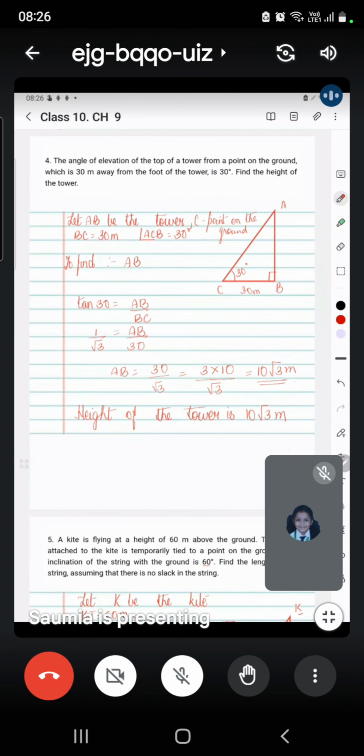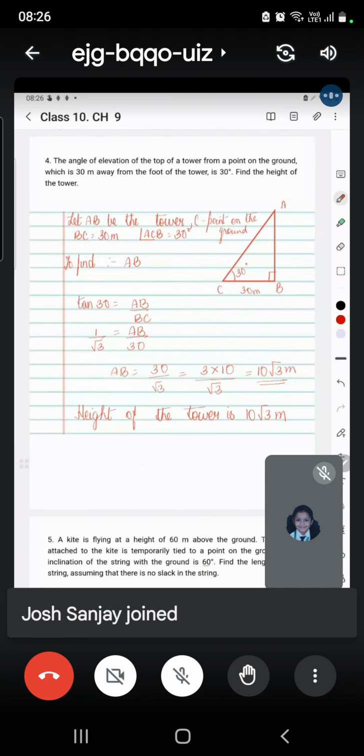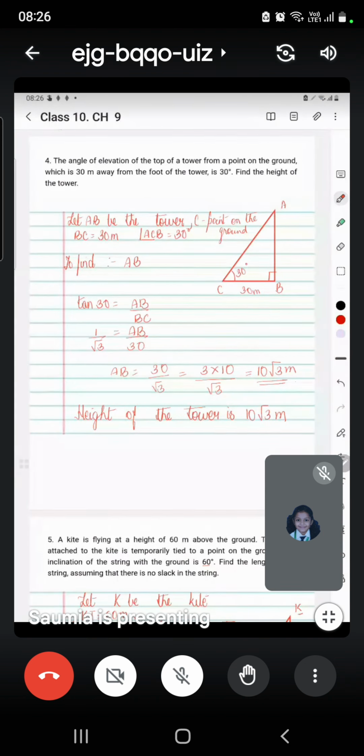In short, no need to write in detail, okay? If you have any doubt, interrupt and ask, so that later on you're not wasting your time.